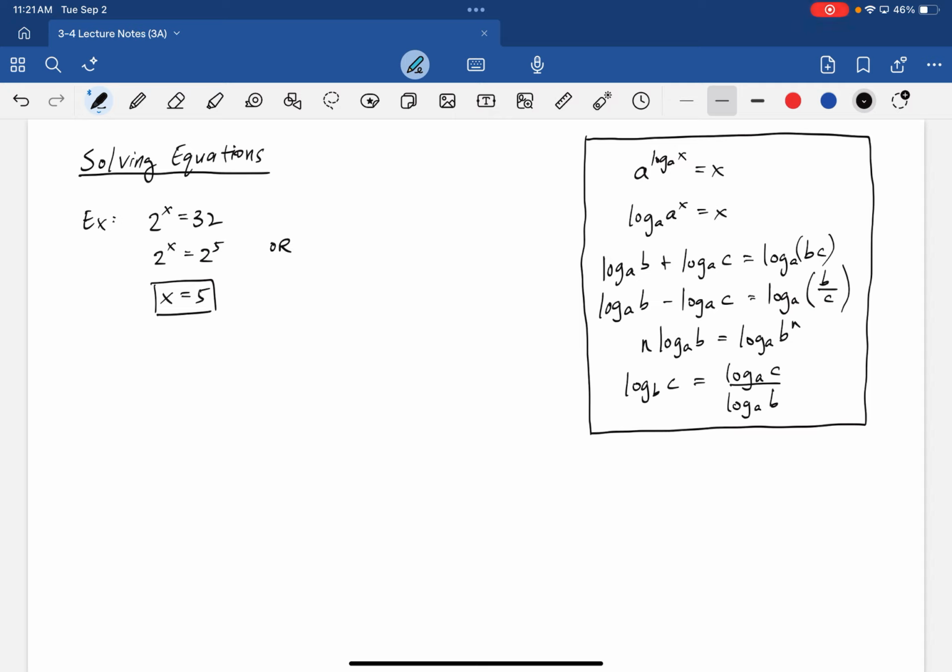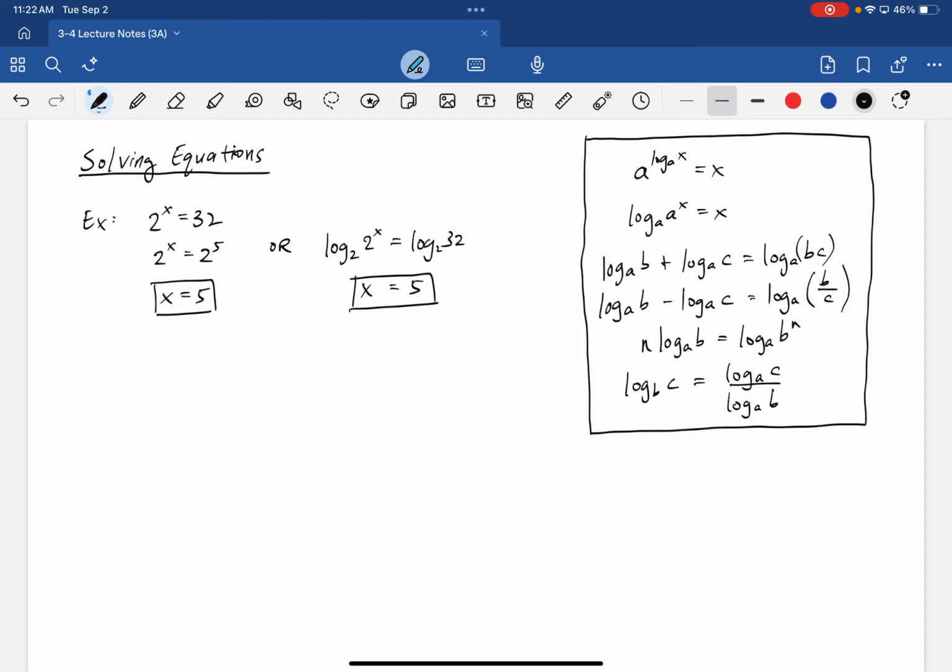The idea is that we have an exponent, 2 to the x, so we have an exponent with base 2, and if we wanted to get rid of the exponent, we could do that by taking a logarithm of both sides with the appropriate base, because that's what helps us cancel out an exponent. So we could take a logarithm of both sides, log base 2 of 2 to the x equals log base 2 of 32. And so the left side simplifies to x because of our inverse property, and the right side is just 5 by a simple calculation, and that gives us the same answer.